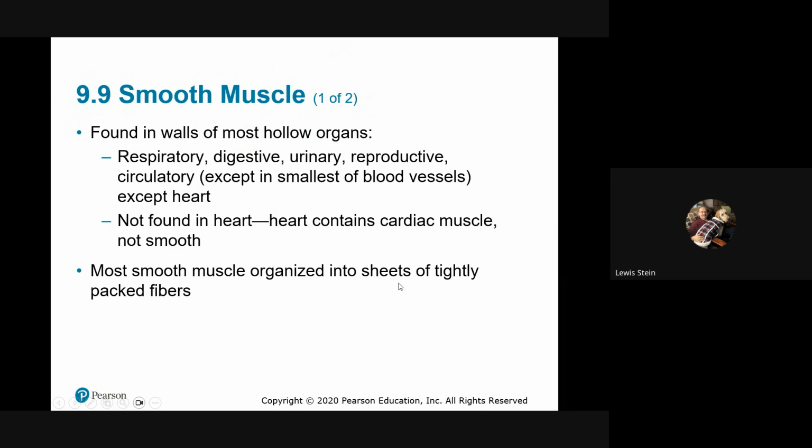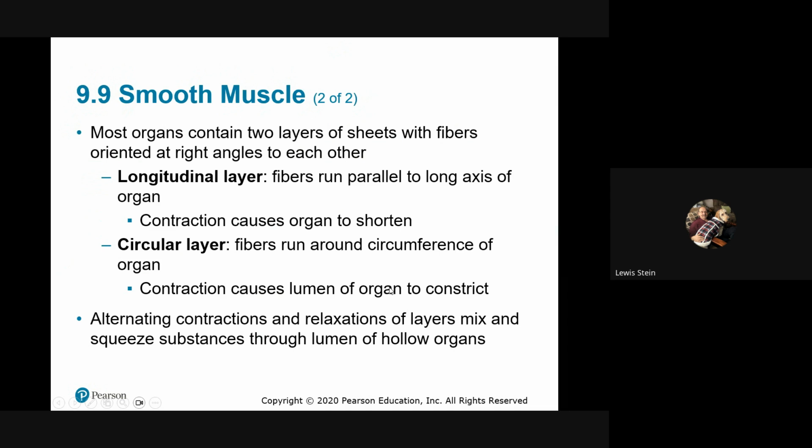Most smooth muscles are organized in sheets that are tightly packed, and we're going to see it again and again. Digestive is really the poster child for this: two layers, circular and longitudinal, around the tube, the lumen, the hollow area. First circular and then exterior to that longitudinal, because that's what makes peristaltic action.